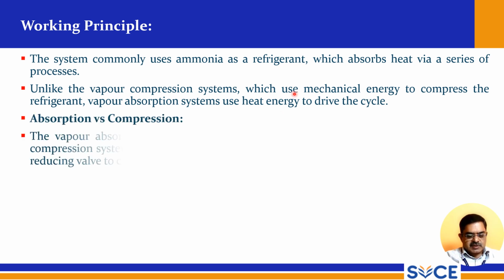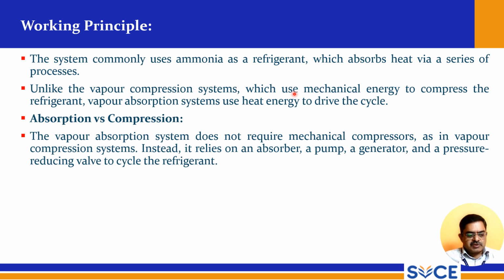Absorption versus compression, these are the two widely used systems, but the compression system is more popular. The vapor absorption system does not require mechanical compressors as in vapor compression systems. Instead, it relies on an absorber, a pump, a generator and a pressure reducing valve to cycle the refrigerant.